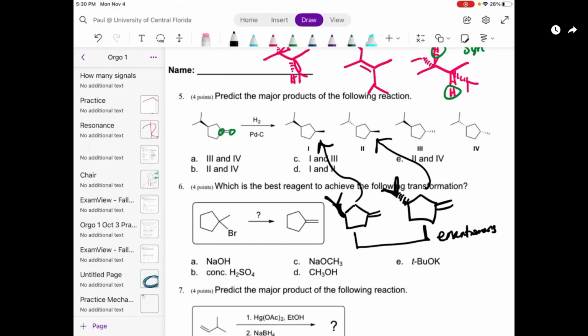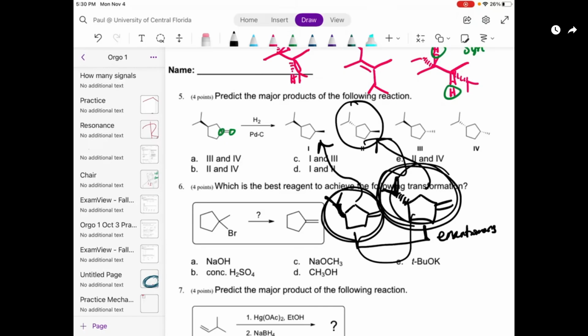So if this guy came from this guy, and this guy is an enantiomer to this, then that means those species right there cannot be an option, because the starting material is this enantiomer, not this one.